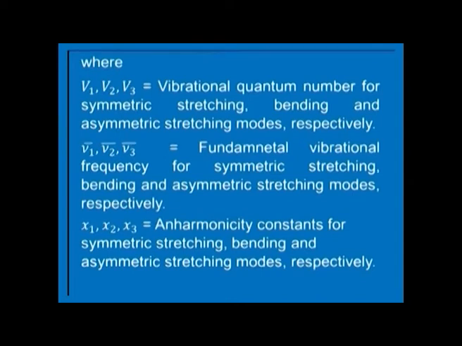Nu1 bar, nu2 bar and nu3 bar are the fundamental vibrational frequencies for the symmetric stretching, bending and the asymmetric stretching modes respectively, and x1, x2 and x3 are the anharmonicity constants for symmetric stretching, bending and the asymmetric stretching modes respectively.